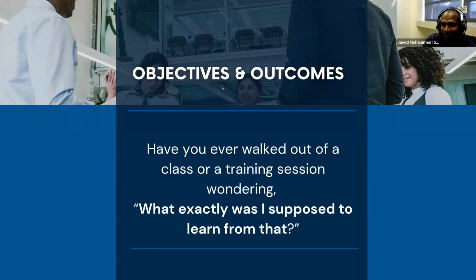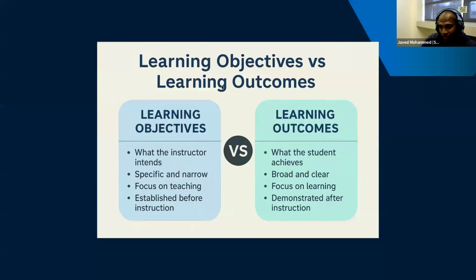Now, this uncertainty definitely comes from the lack of clarity, or even the misunderstanding, between learning objectives and learning outcomes. We use them interchangeably, but they are not the same. I want to keep this very short. Think of learning objectives as the topics that the instructor is going to cover.